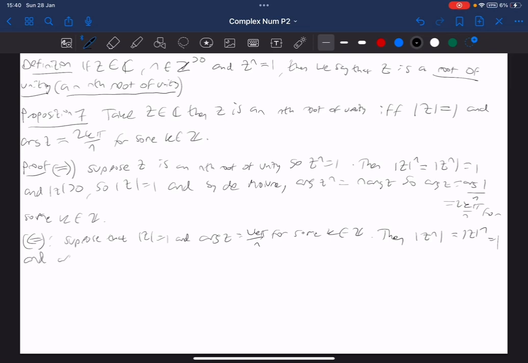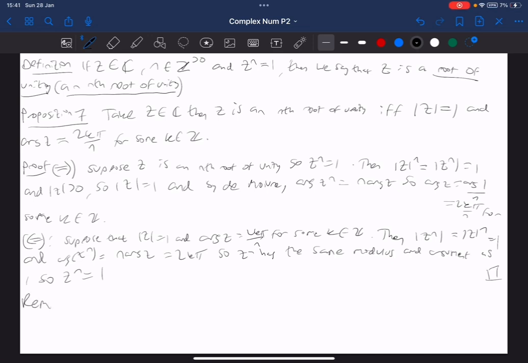And the argument of z to the power of n is n arg z, which is 2k pi. So z to the power of n has the same modulus and argument as 1. So z to the power of n must be equal to 1. And that, of course, completes the proof.